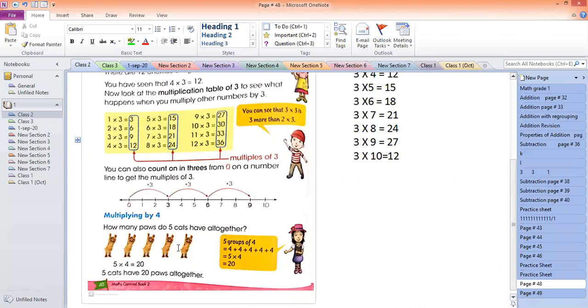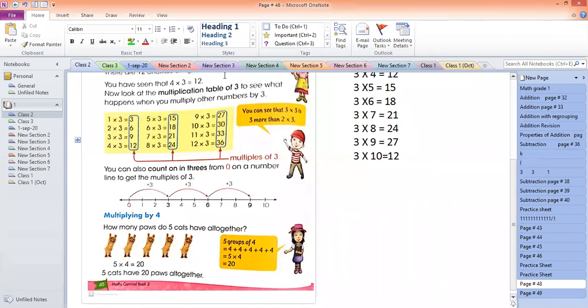There are a total of 5 cats, and 1 cat has 4 paws. So you can add 4 five times: 4 plus 4 plus 4 plus 4 plus 4. This is the addition method. Or you can multiply 4 by 5, because every cat is having 4 paws and there are a total of 5.